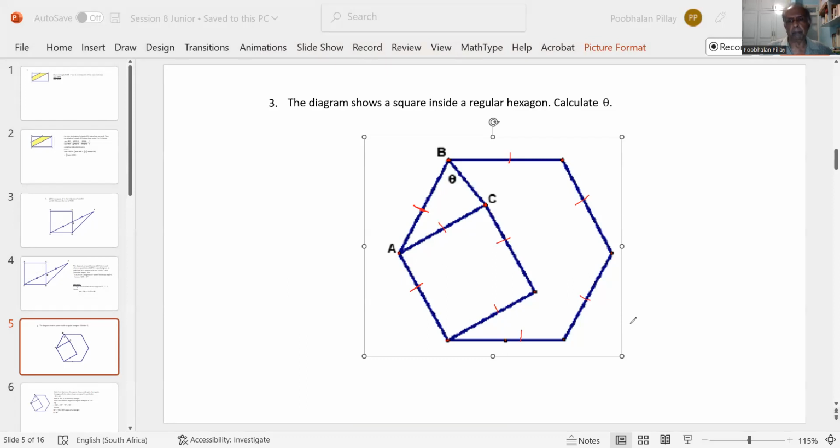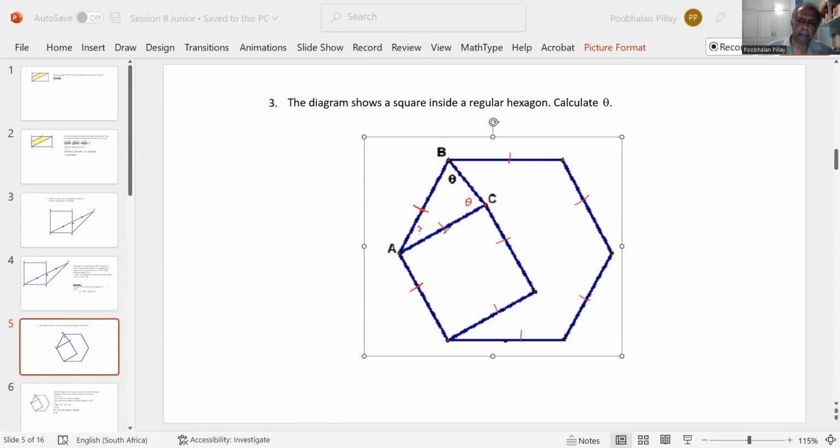So all those are equal. Now we see this theta that we are looking for is an angle in an isosceles triangle. These two are equal, so this is also theta here.